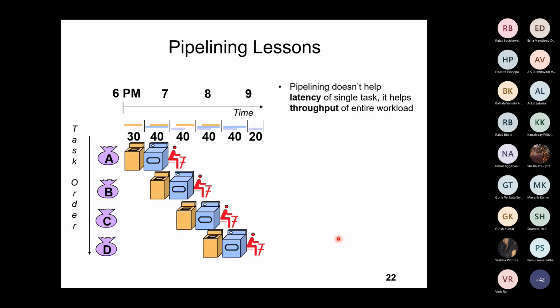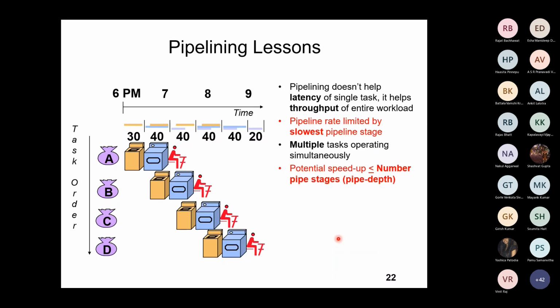But mind that the speed up will be limited, as the rate of emission will be determined by the slowest stage. And multiple tasks are operating simultaneously, and potential speed up can never exceed the number of pipe stages, because that is the maximum parallelism you can achieve.